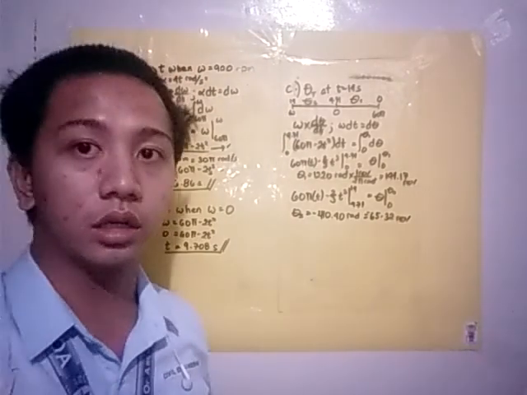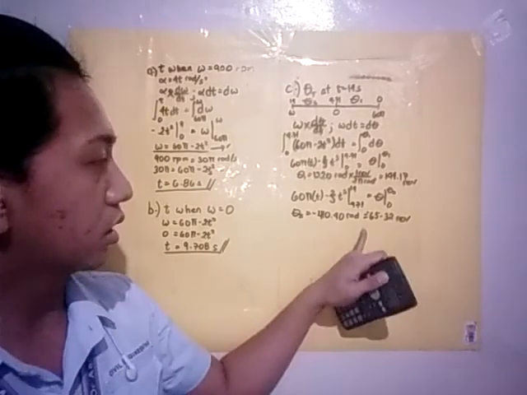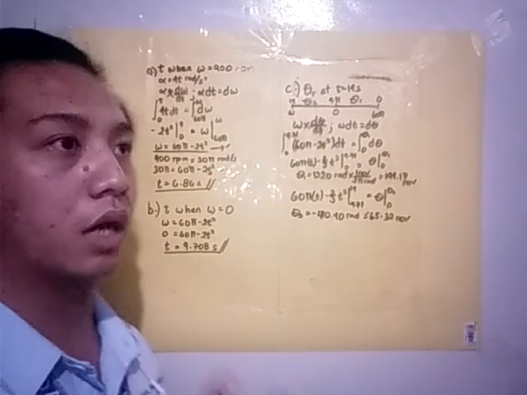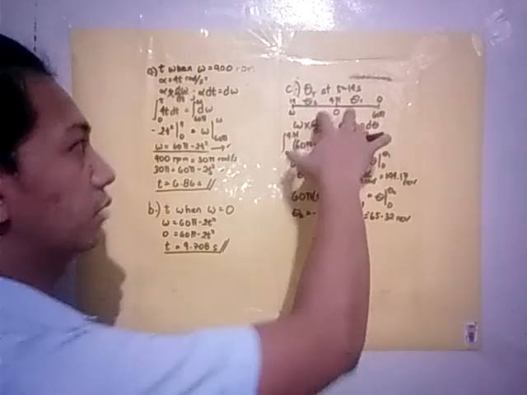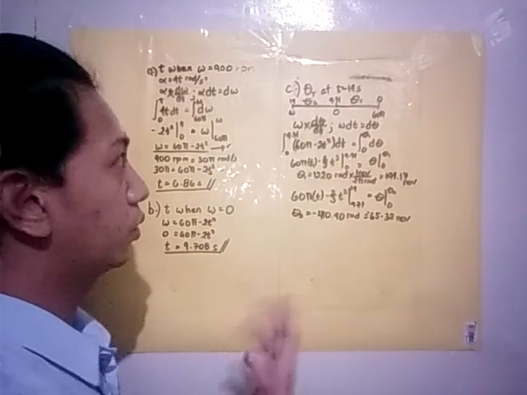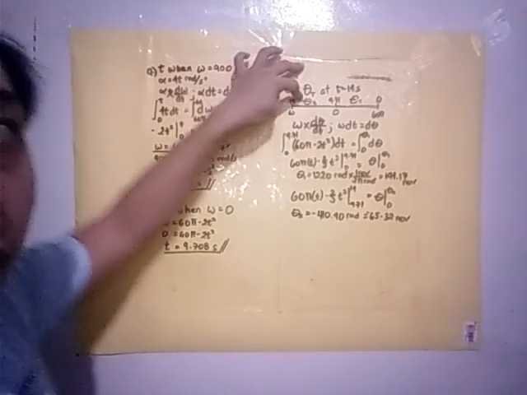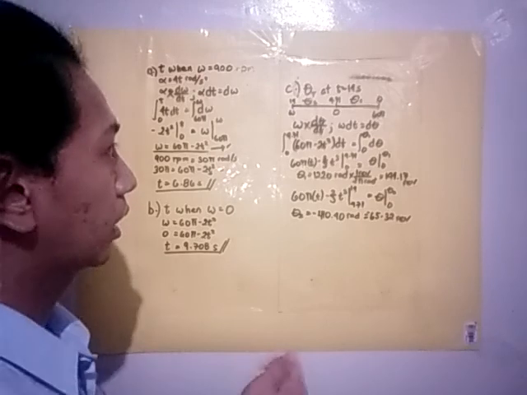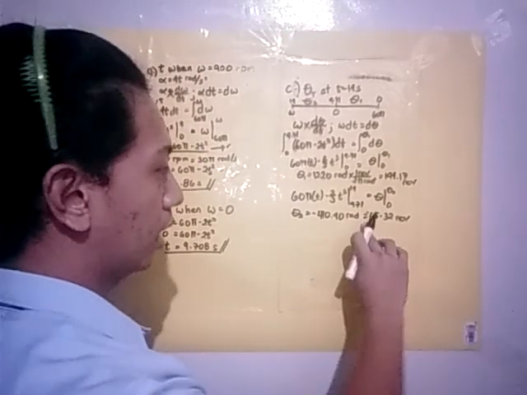I will disregard the negative sign. Why? Because it simply indicates the direction of rotation, and in this problem we are required to determine the total revolution, whether it is counterclockwise or clockwise. So I will disregard the negative sign.